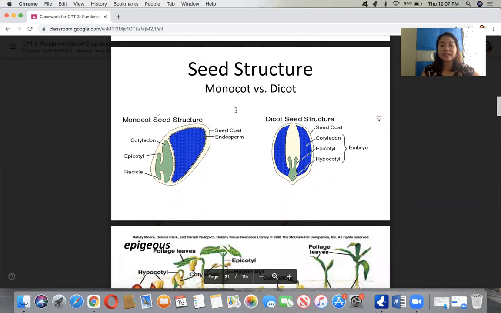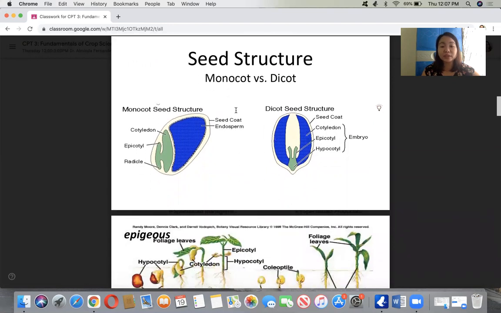Let's take a look at the seed structure. We have two types of seed: monocots and dicots. The monocots have only one cotyledon, as shown in the figure here, and the dicots have two cotyledons, and you will see different examples of these monocots and dicots.